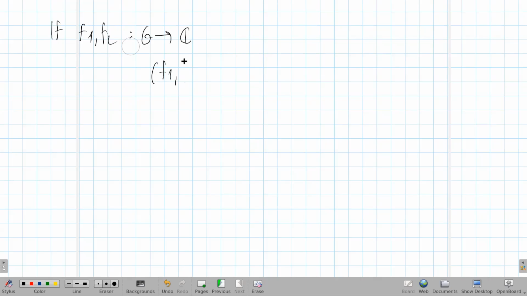You define f1, f2, the inner product written as a pair, which is an average. We can do it because we are over the complex numbers, so every non-zero element is invertible. We take f1 of g conjugate, f2 of g. This is clearly an inner product. It's linear in the second component, and sesquilinear in the first, because you need to take a conjugate.